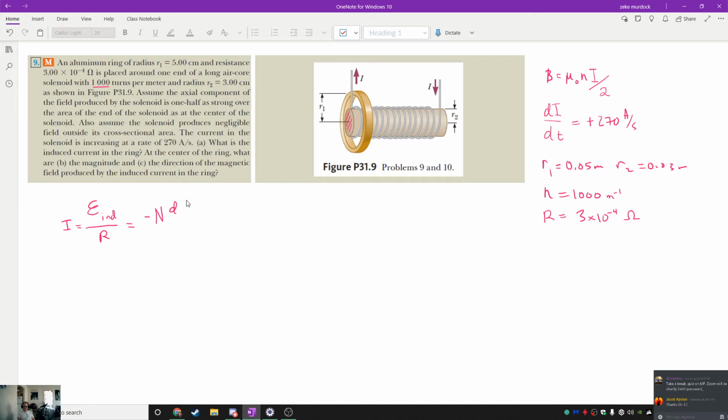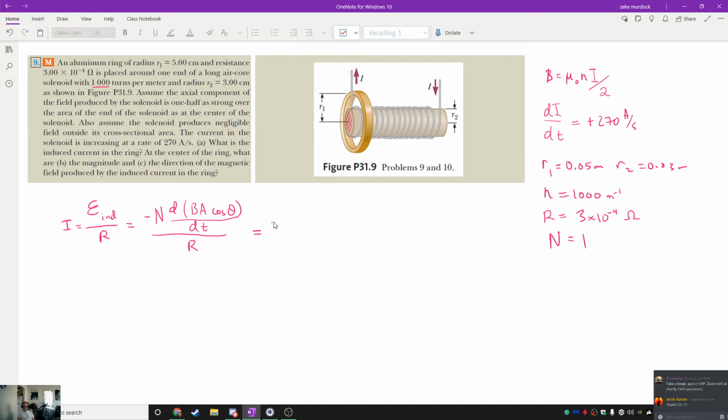And I'm just going to go ahead and, instead of writing phi, write it as BA cosine theta again. And we have to divide all of that by resistance now to get to current, right? Now the number of turns in the gold ring, what is that going to be? Just one.